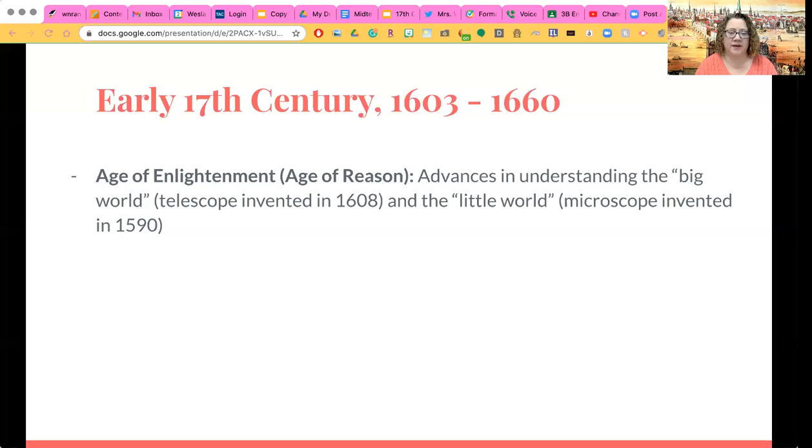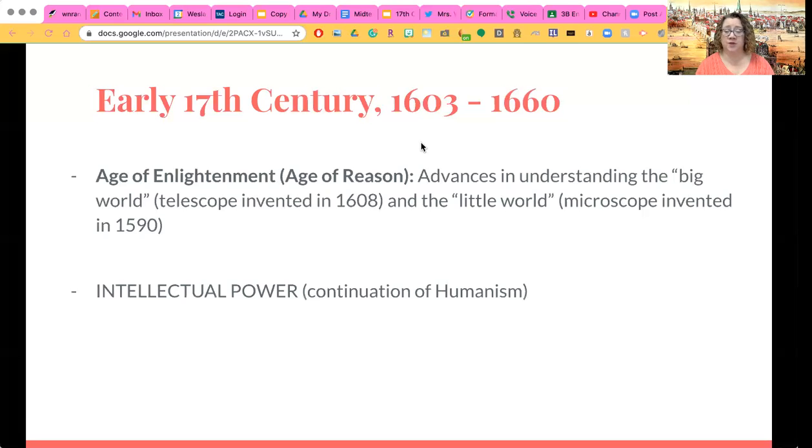And this whole Enlightenment is an opportunity to start thinking about your place in the world and question the things that you had always taken for granted. And it advances science greatly. I think we can think of that in a lot of ways as an extension of humanism, because if humans have the power to control their own destiny and make their own decisions, as we see in the Renaissance, the next step is, okay, well then let's use this intelligence.